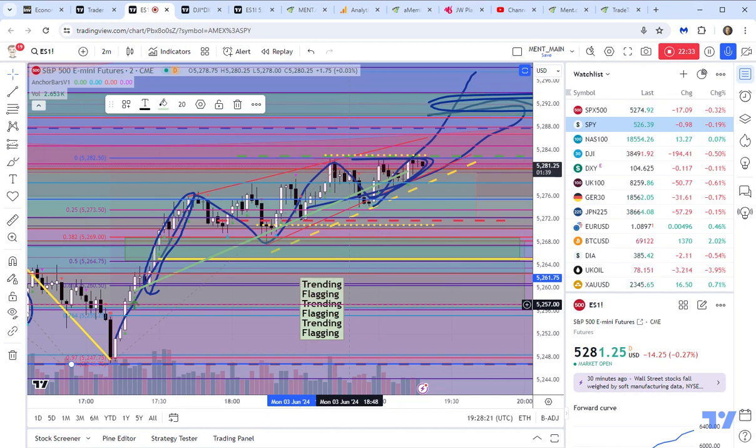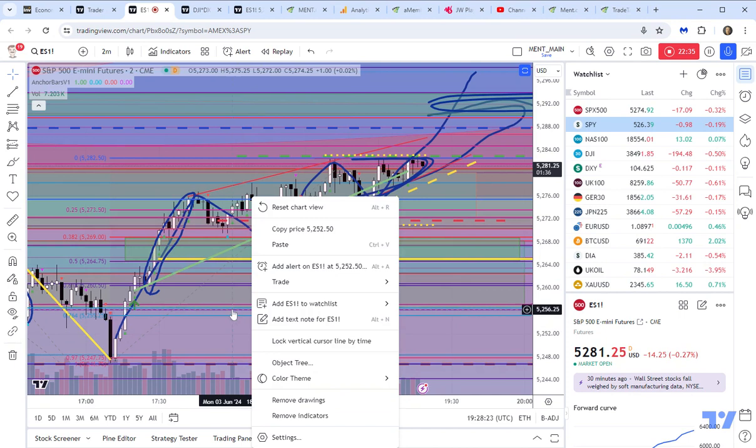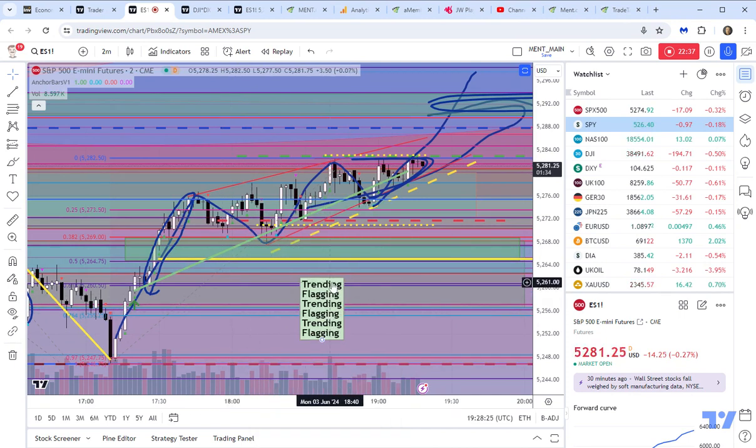And if you understand what I'm trying to tell you, you realize that it's pretty simple to go from trending to flagging. Now we're getting ready for a trending mode. Once we hit this apex, and that's going to be in the next couple of minutes, we're going to move into a trending mode and watch. We'll get a nice, probably 15, 20 point move.